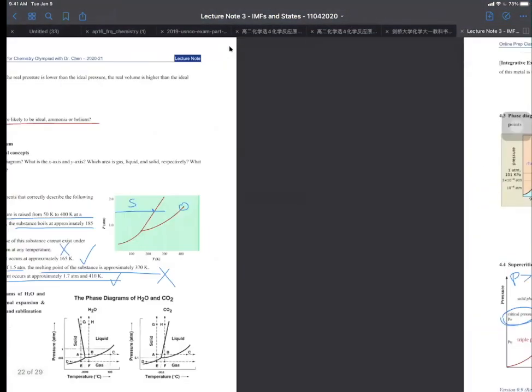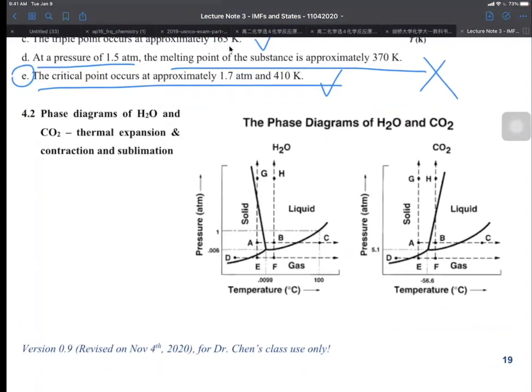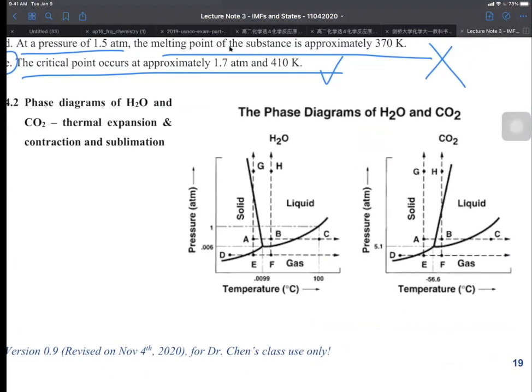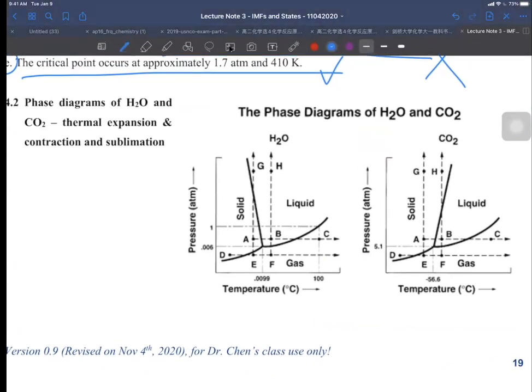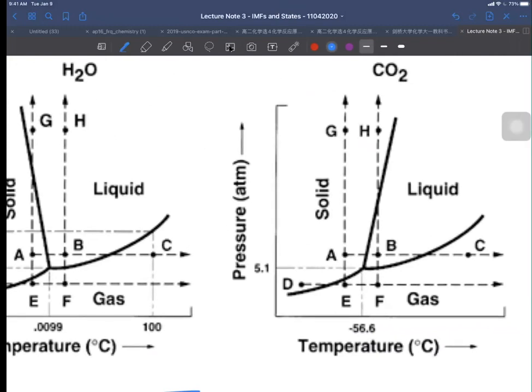And then we want to have a look at a few examples of phase diagram. The first one is the phase diagram of water. The second one is the phase diagram of carbon dioxide. Let's start from the carbon dioxide one, because from this one we want to discuss sublimation. What is sublimation? Solid directly changes into gas without going through the liquid, right?